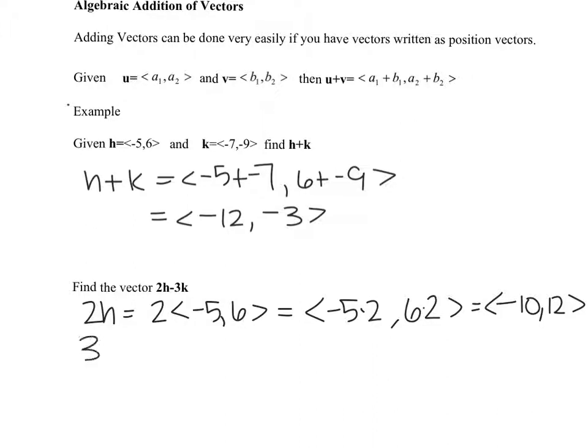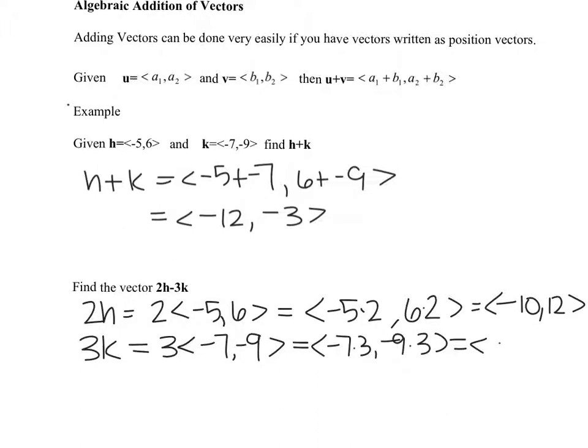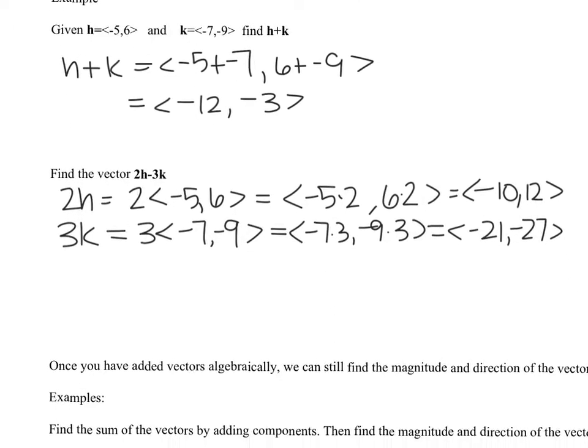And we also want to find 3k. So 3 times our vector, -7, -9, which is going to become -21, -27.